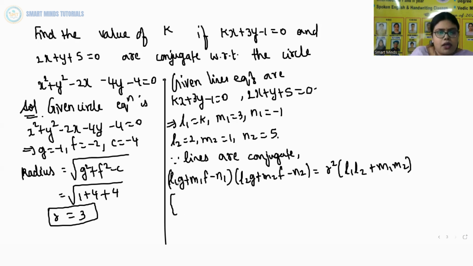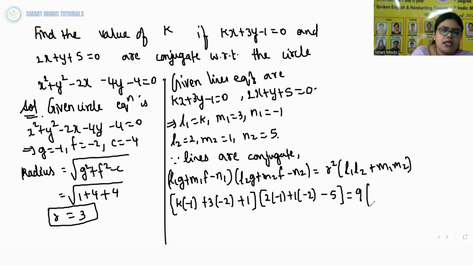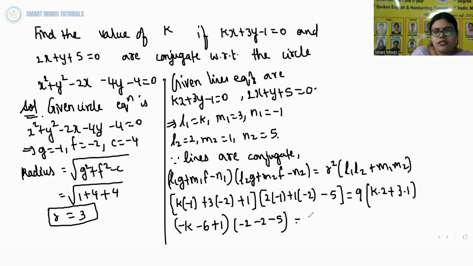Now l1 is k, g is minus 1, m1 is 3, f is minus 2, minus n1 is minus of minus 1, minus into minus plus 1. Now the second bracket, 2 into minus 1 plus 1 into minus 2 minus 5 is equal to r square, which is 9, into l1 is k into 2 plus 3 into 1. So minus k minus 6 plus 1, minus 2 minus 2 minus 5 is equal to 9 into 2k plus 3.